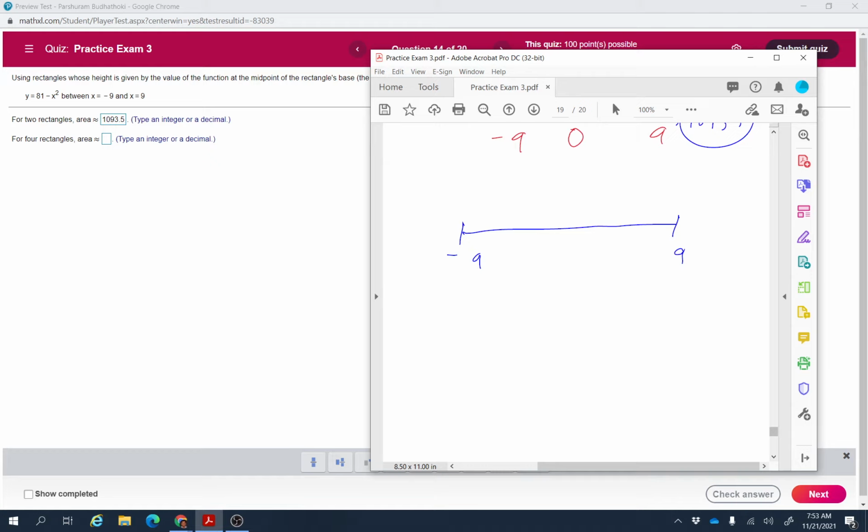So if you do that, that will be negative 4.5, positive 4.5, 0. So these are the subintervals we would like to use. But to create the rectangles, we have to use the midpoint of these subintervals.